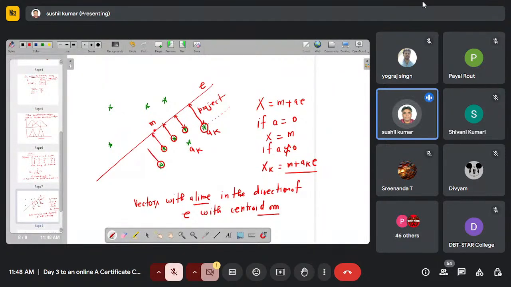This particular vector I will project here, and this one also I will project here. So it doesn't matter how many dimensions are there in your vectors. Somehow you want to project on a single line.